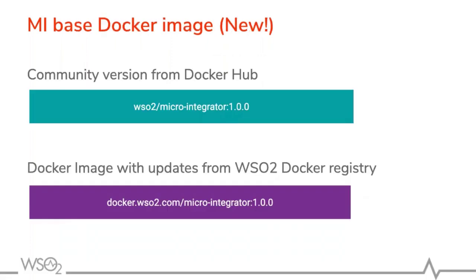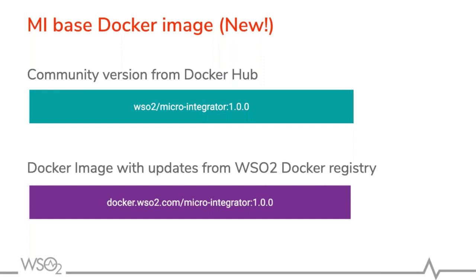Just to give a brief idea about what you can do with these Docker images, we have two versions of the base Docker image. One is the community version, which you can pull from Docker Hub, and you just have to use wso2/micro-integrator:1.0.0 as the base image name.